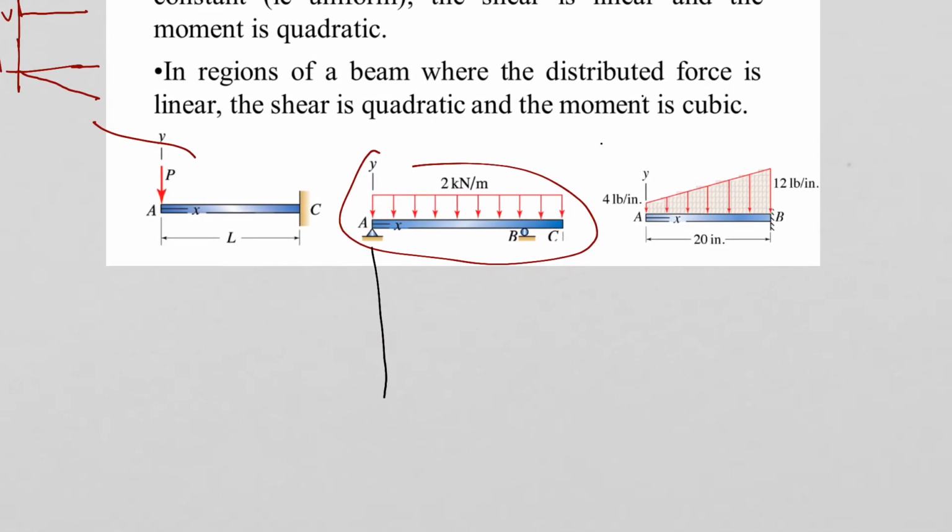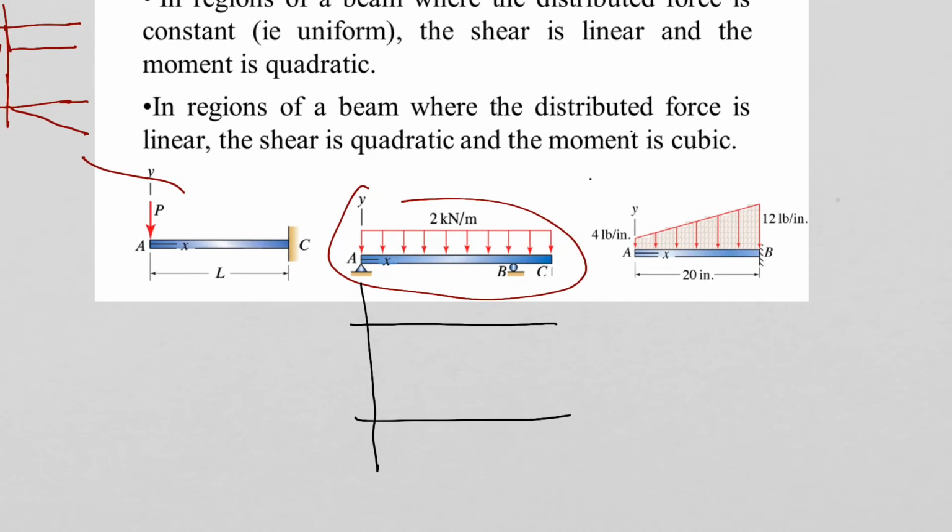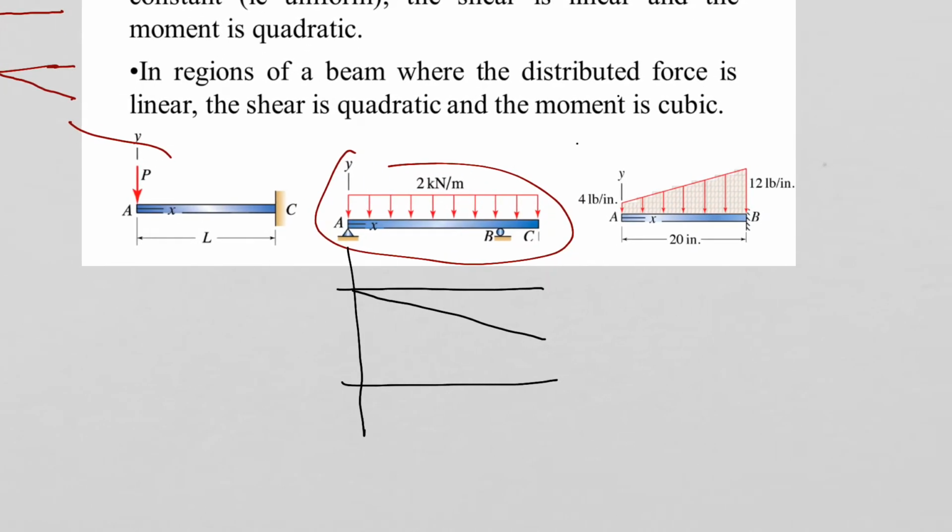If I draw a shear and moment diagram for something like this, it is again saying that my shear will be linear and my moment will be quadratic. And we know this based off of the method of integration, right? This is to a power of 0, power of 1, power of 2.